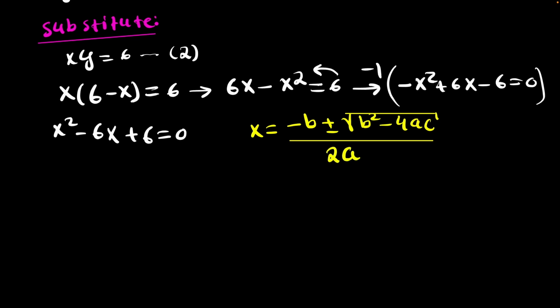As you know, the coefficient of x squared is 1 and this is our a, the coefficient of x to the 1 is minus 6 and this is our b, and the constant is 6, which is our c. Let's go and plug in all these values.